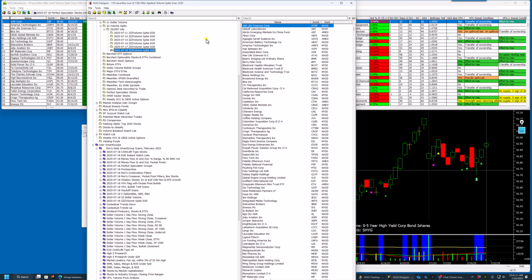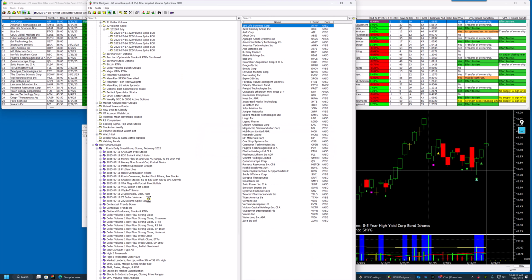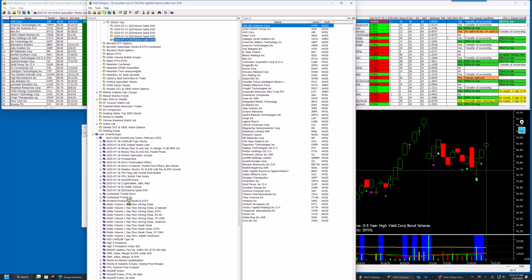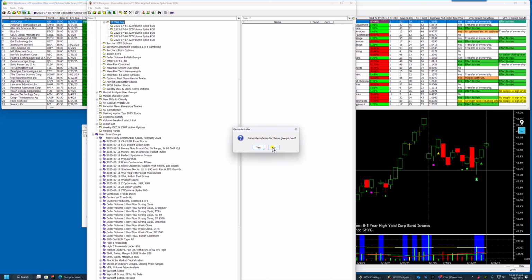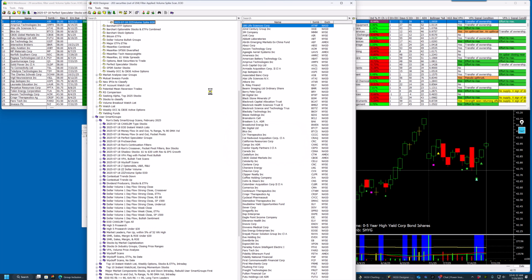I need to go up here and delete the 18th. I may do both of these separate. I'm not sure, but since all these other were up and down, I'm going to change that one.